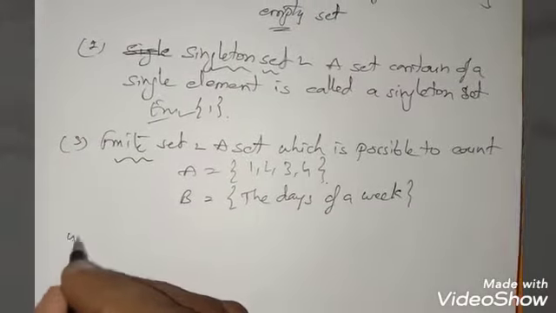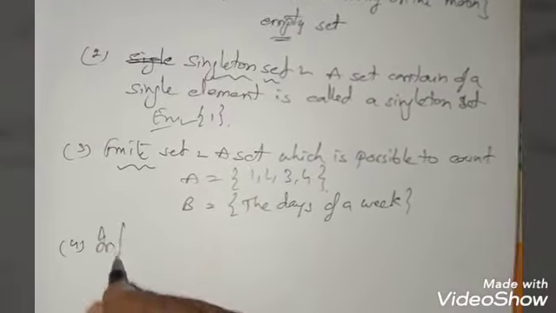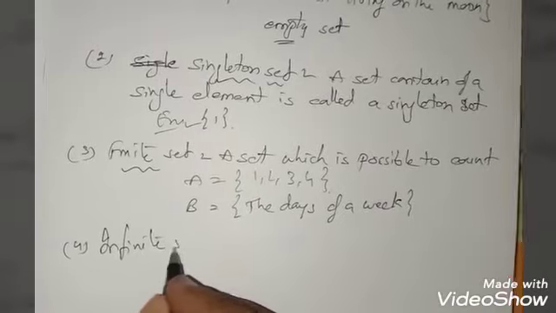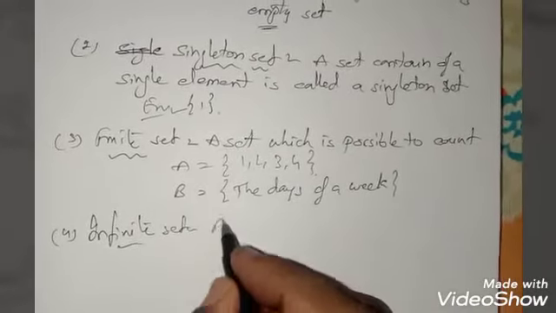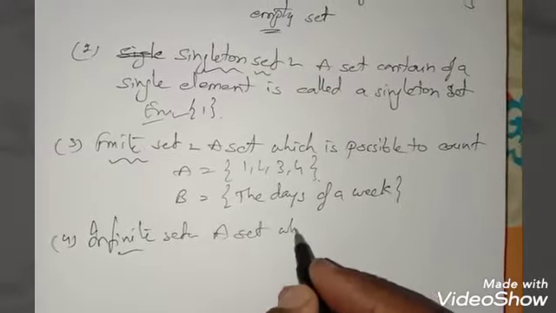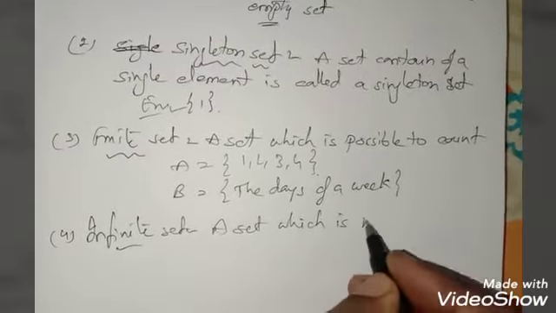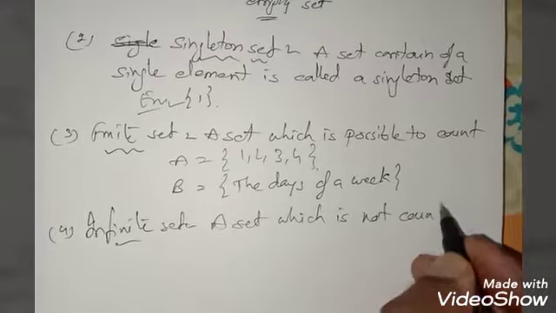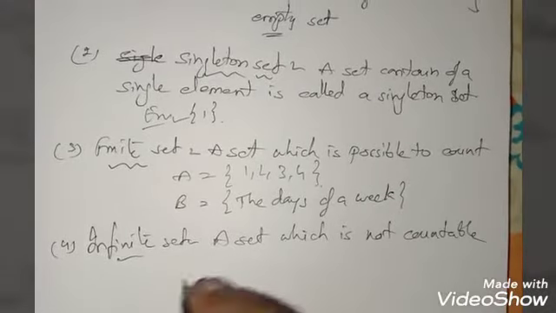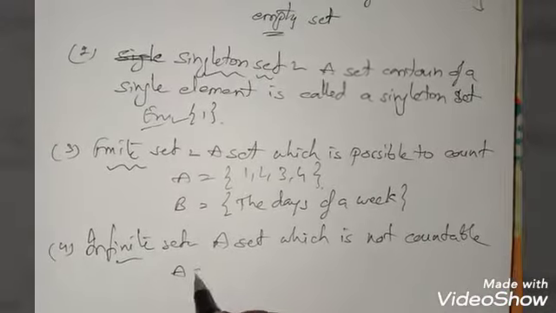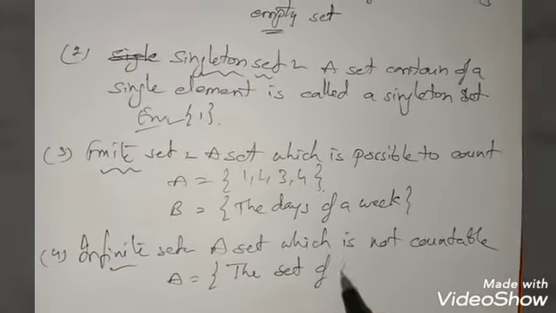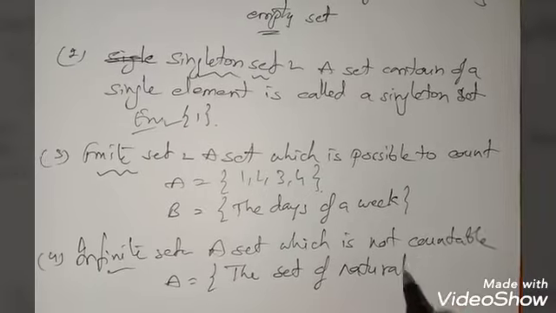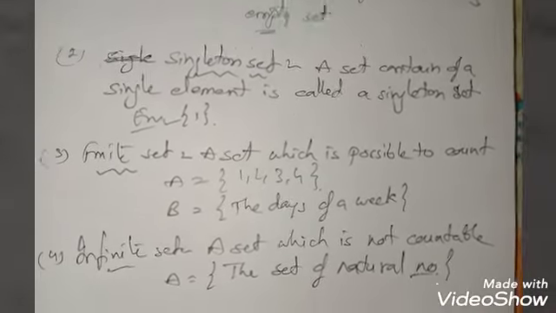Now if I go for the fourth one, that is the infinite set. The definition itself says infinite, because it is a set which is not countable. Right, for example, the set of natural numbers.